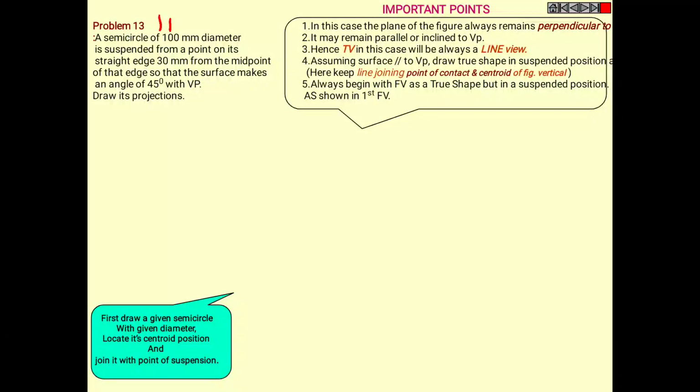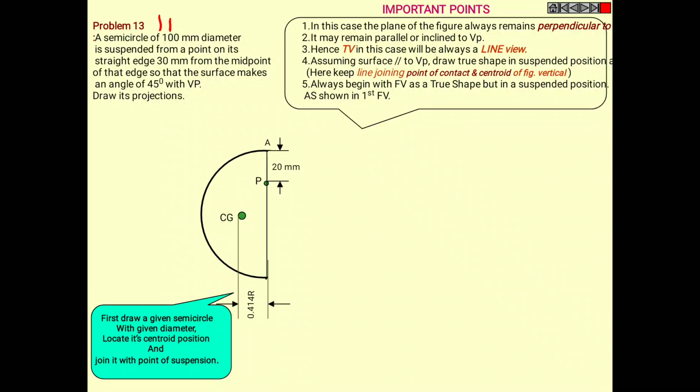So first draw the given semicircle with the given diameter, locate its centroid position and join it with the point of suspension. Center of gravity, centroid position.